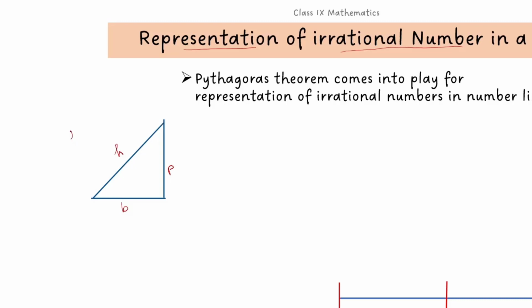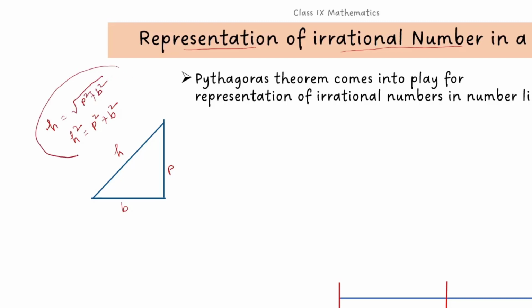According to the Pythagoras theorem, hypotenuse square is equal to perpendicular square plus base square, or you can say h is equal to root over p square plus b square.